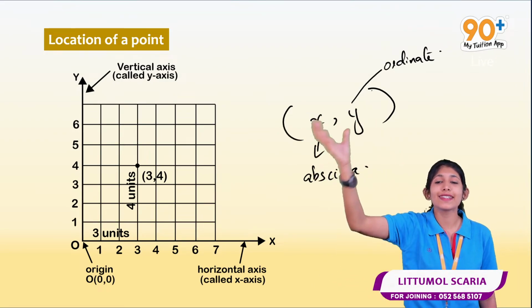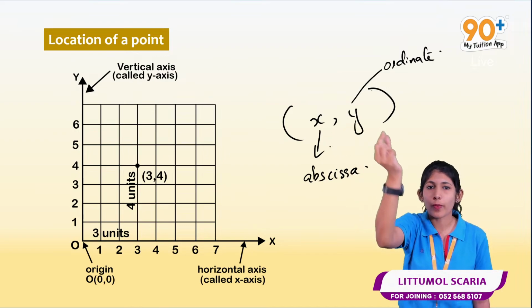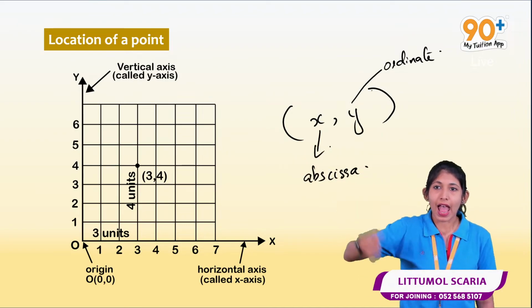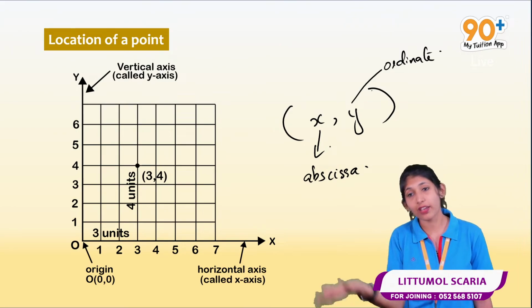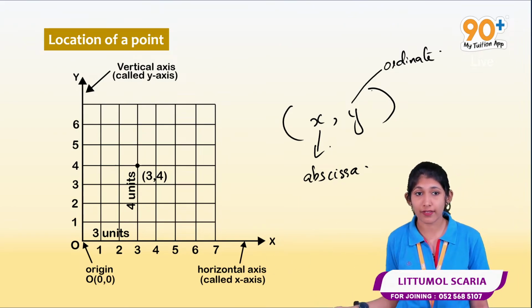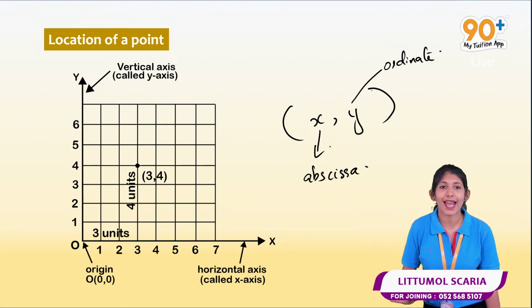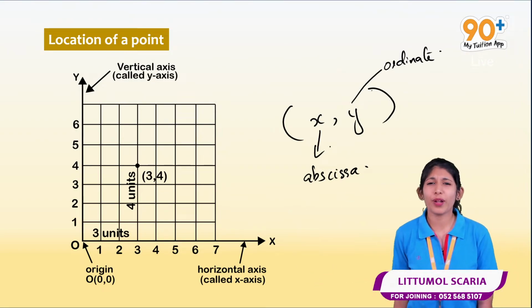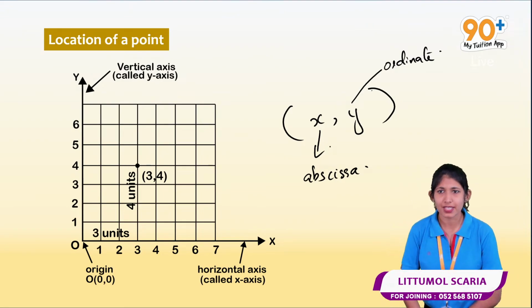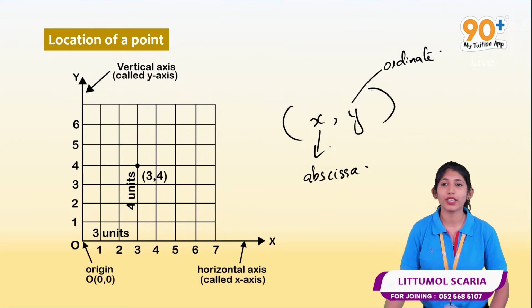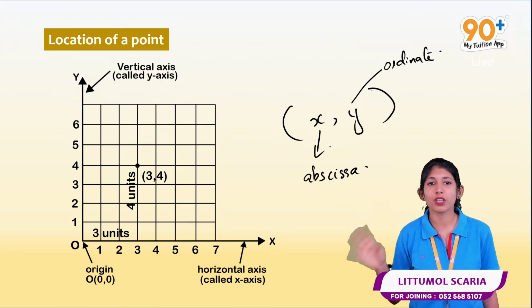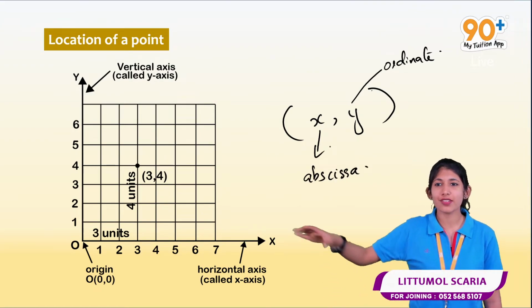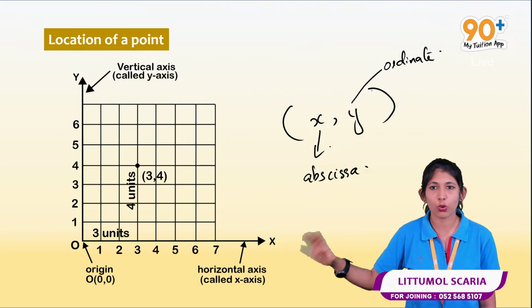So we read it as an ordered pair x comma y, and in place of x we'll see values like 1, 2, 3, 4, 5, minus 1, minus 2, minus 7, minus 6, everything. In y we'll see similar values as well. Also, one more thing, as per the NCERT syllabus, we have only positive values for x, positive values for y, or 0. No negative values, but I have briefly told you how to plot negative values as well.